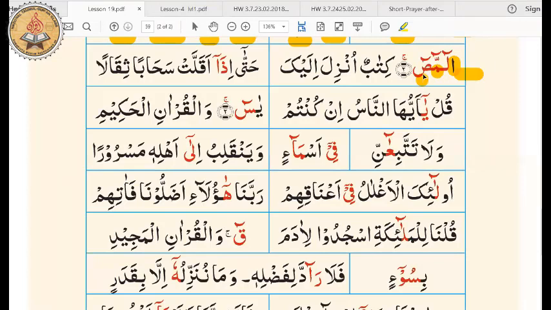Which letter is this one? Sod. Well done. When you are practicing at home, be mindful and listen to the recording of your Tashdeed lesson or Shadda lesson or small W sign lesson, and practice your nasal sound.